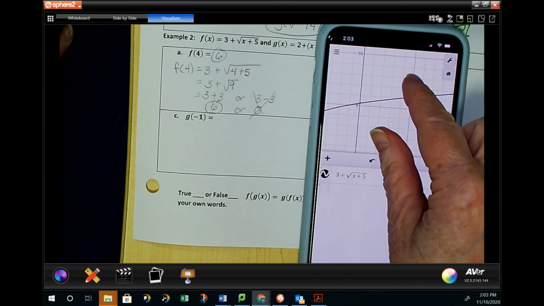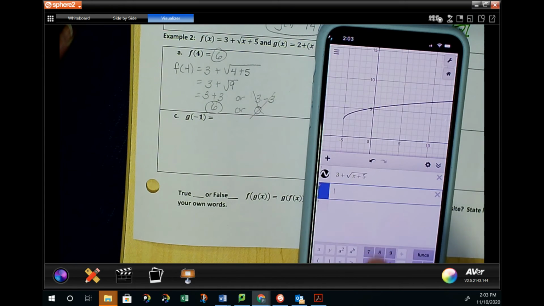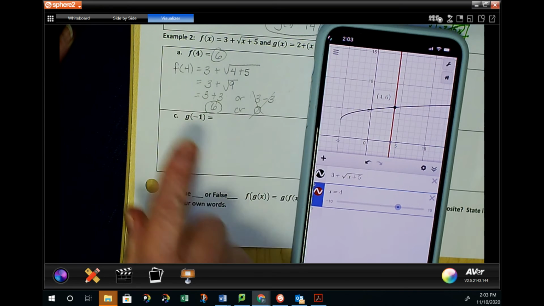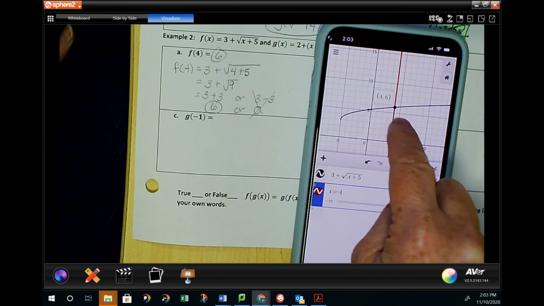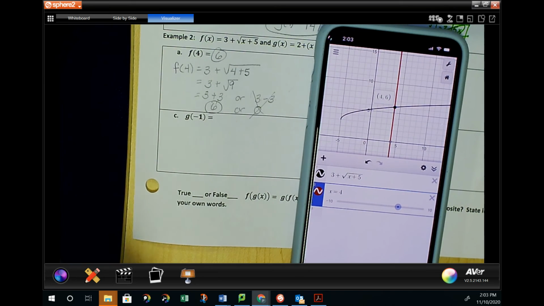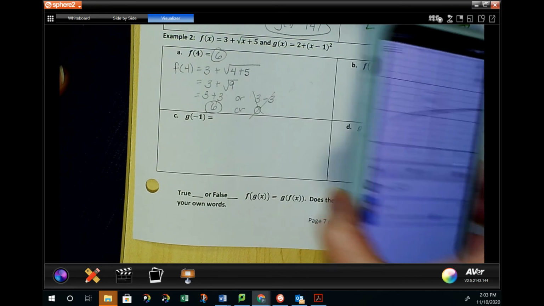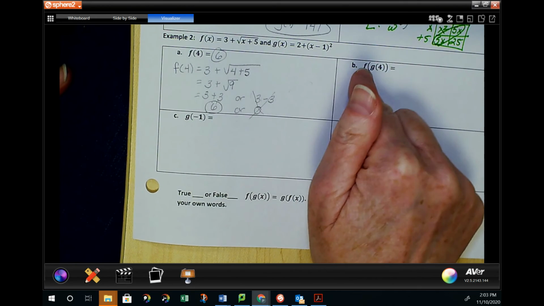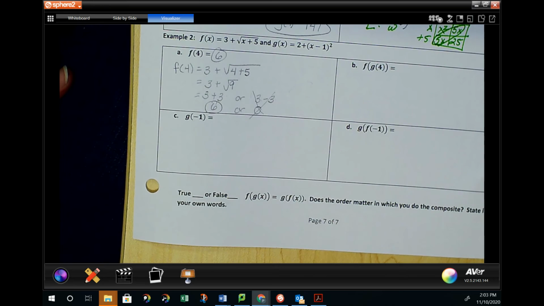So if I go out here, and I make this x equals 4, I look, and my answer is going to be 6. It only hits at one place. So that's all I'm doing, I'm just checking on Desmos. And this is why it doesn't work, because it's a square root and it's a function. And we'll get more in depth in that.